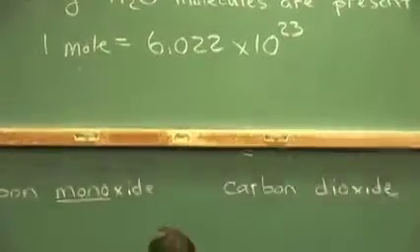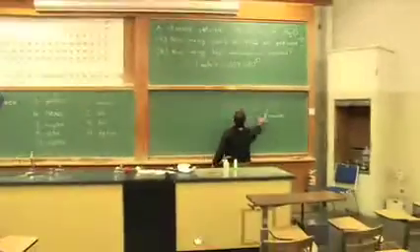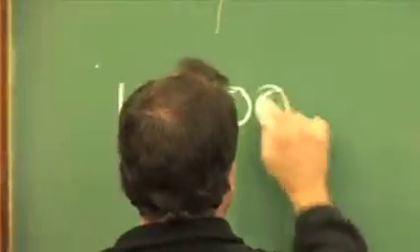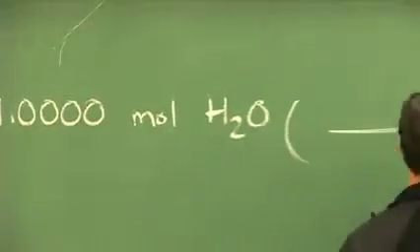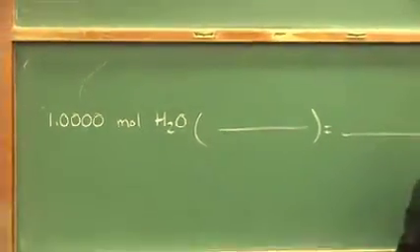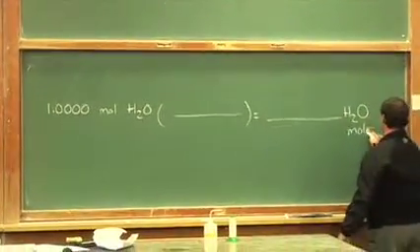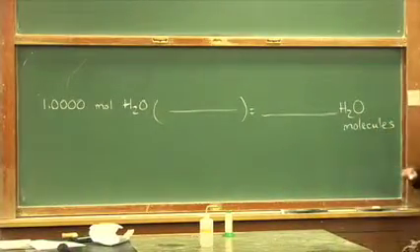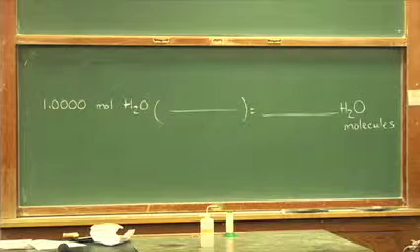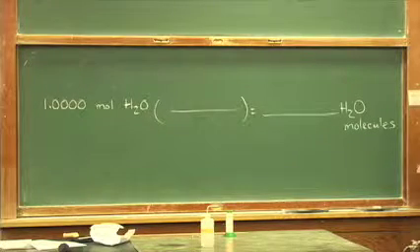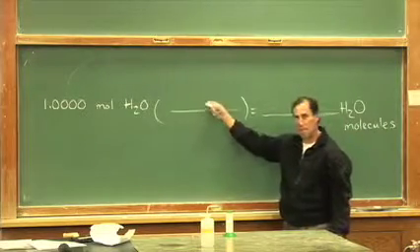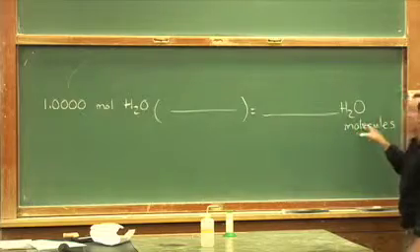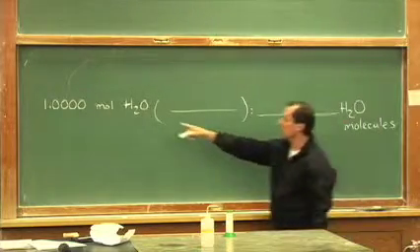Let me work on part B of this problem. From part A, we know we have 1.0000 moles of water, and we're going to convert that into water molecules. 6.022 times 10 to the 23rd is a count. It's often called Avogadro's number. I'm not going to make a note of whether I'm going to put that 6.022 times 10 to the 23rd on the top or the bottom. I'm going to let my units do the work. We need moles to cancel.